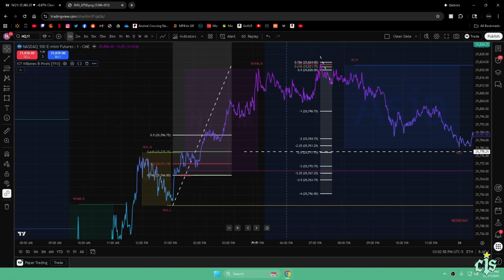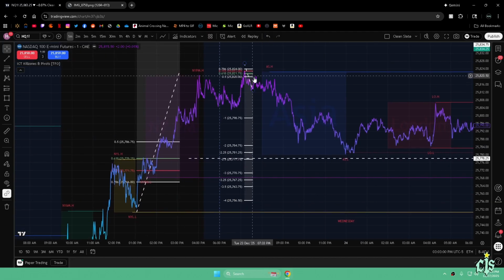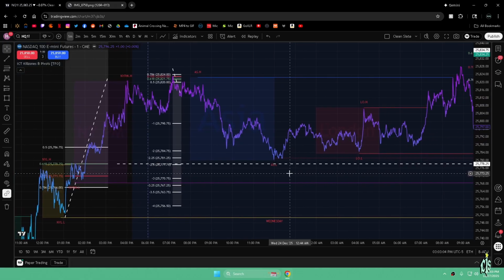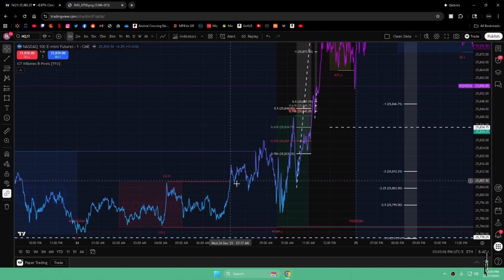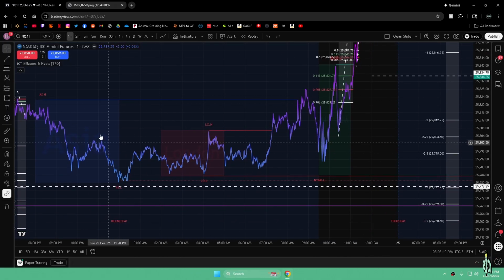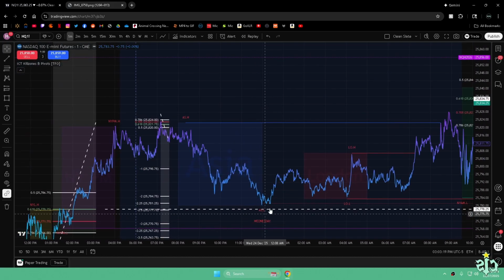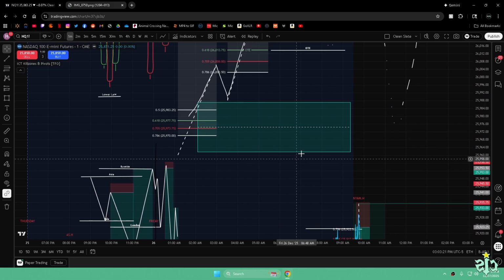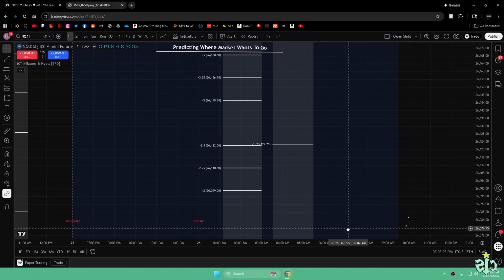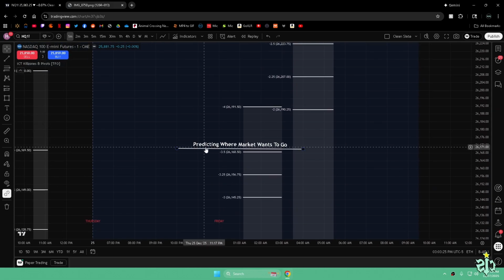The only time we get a pullback is with this sell down towards it. Then it bounces off and continues. This is a New York continuation because it already took out London lows and Asia highs. But yeah, that's how you find your ranges, and that's how I predict market at least.